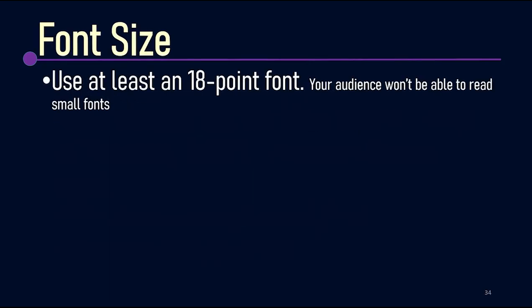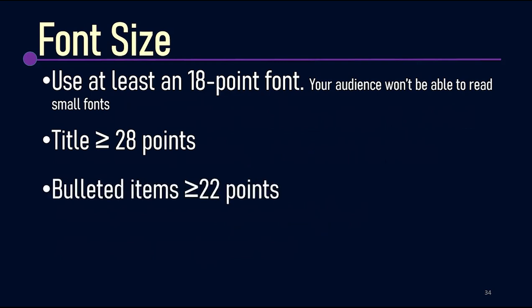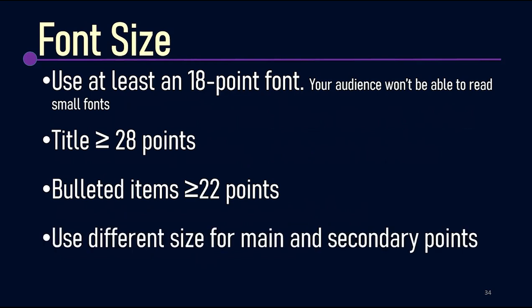Regarding the font size, use at least an 18-point font throughout. Your audience won't be able to read smaller fonts. Bigger the better. For titles, even the smallest font should be more than 28 points. For bulleted items, use more than 22 points, and use different sizes for the main and secondary points. It's visually pleasing to look at.